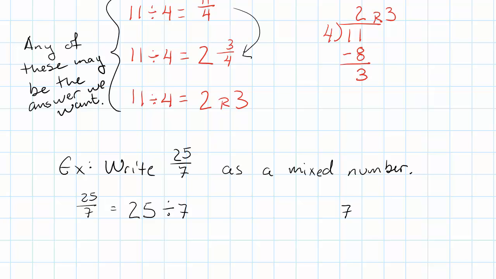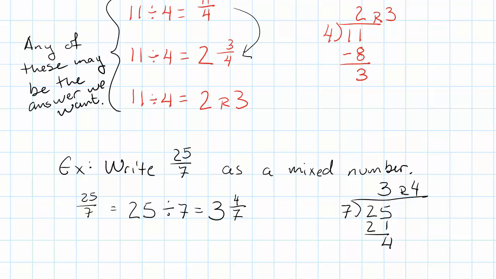We do that division. 7 goes into 25 3 times, with 4 left over. So we get 3 whole things. The 4 that are left over, we cut each one into 7 equal parts. 25/7 is 3 4/7.